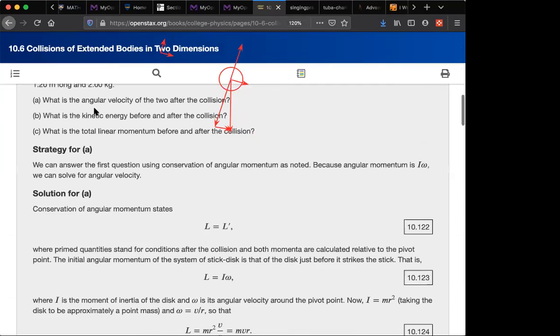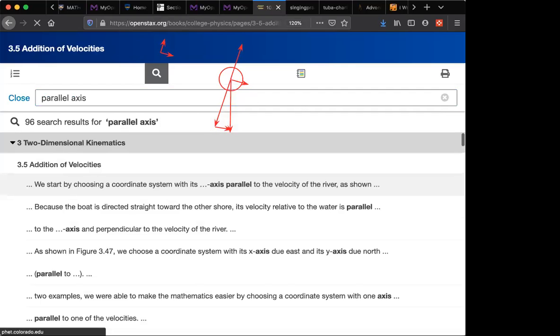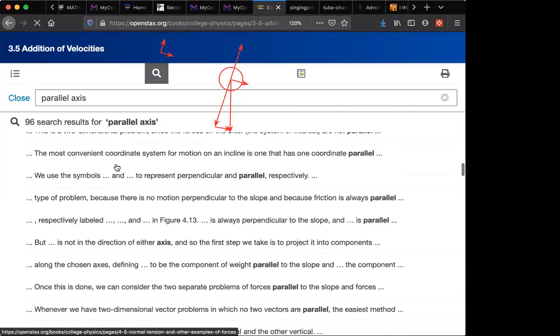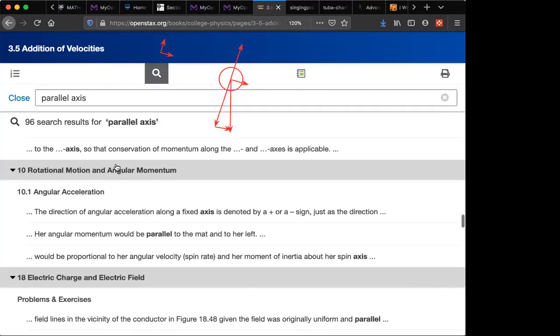Let me do one more thing. I'm going to search the book really quick. No. So, yeah, I think to solve this, you actually have to use the parallel axis theorem.